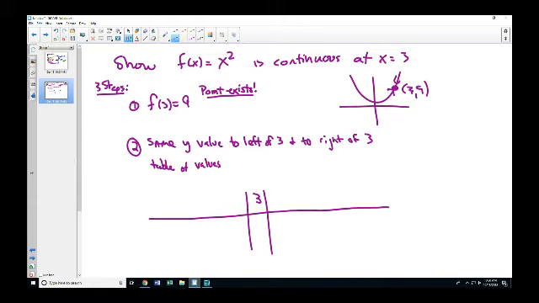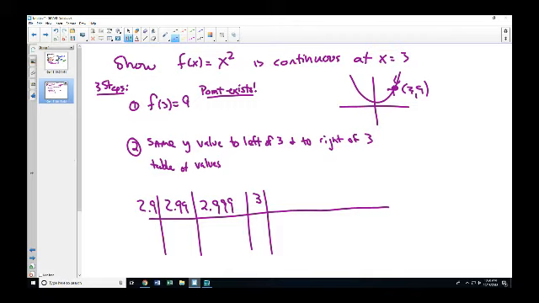Okay, let's start with 2.9. Is there a number closer to 3 than that? 2.99. And we're going to show it with 3 numbers. Is that to the left side of 3? Yes. Are we going towards 3? Yes. So we're going to show that these x values go to 3, so do the y values go to 9.